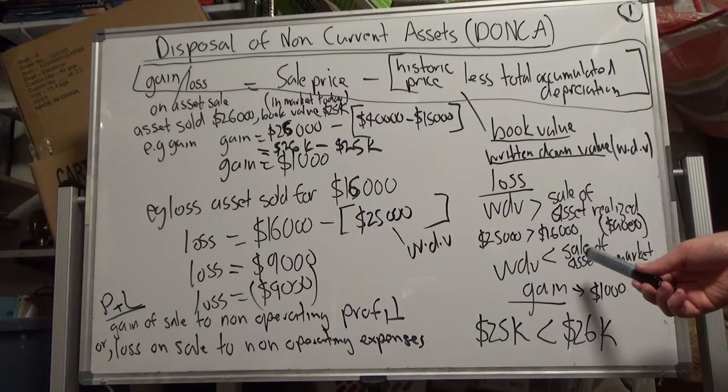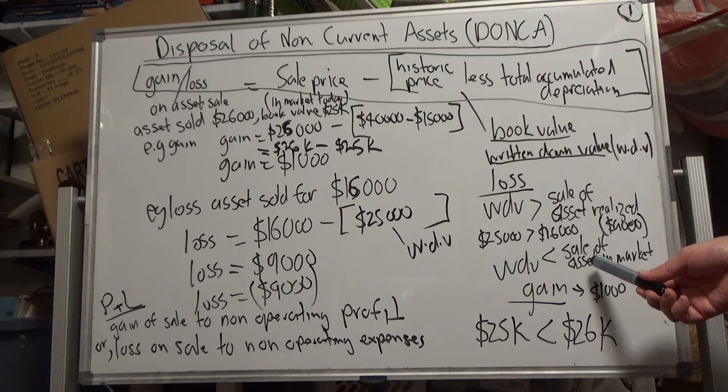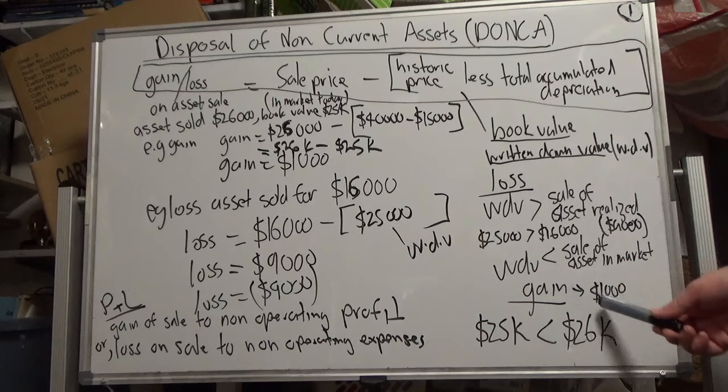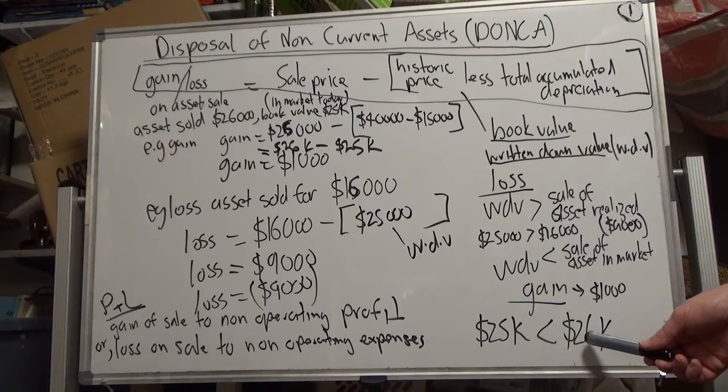So the sale of the asset in the market, 26,000, is greater than the written down value, a gain of 1,000. That figure outweighs that figure. 26k is bigger than 25k, the book value.